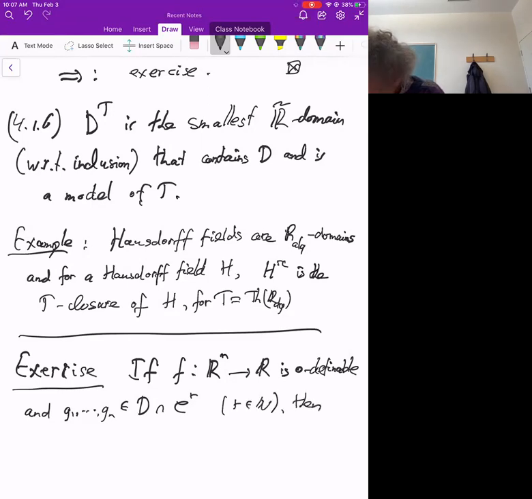Then f(g_1, ..., g_n), which is now an element of D_t by definition, is also a C^r germ.